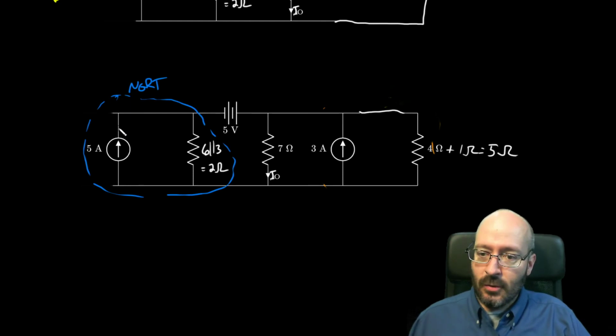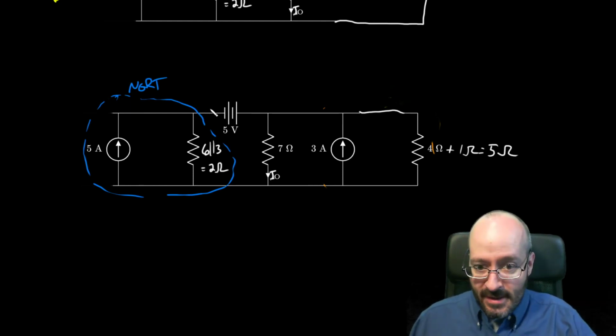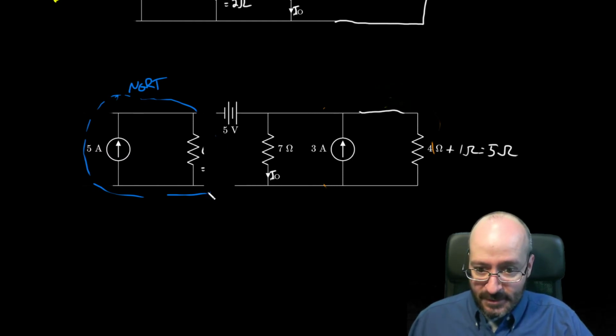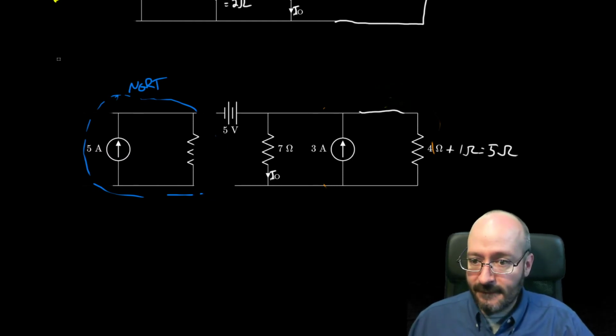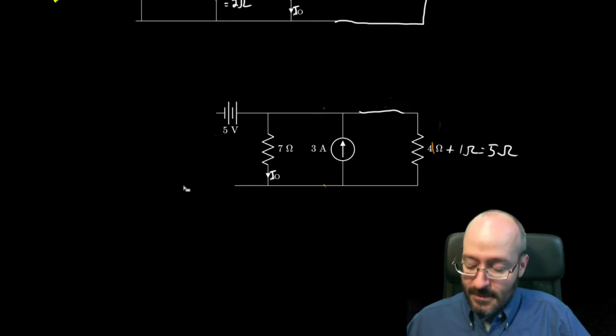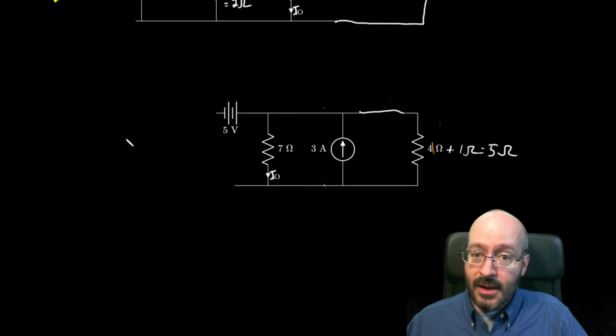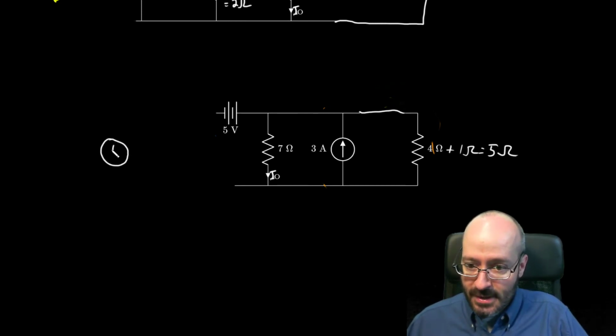But we're going to take this Norton equivalent and we're going to turn it into a Thevenin equivalent. So it's 5 amps and 2 ohms. Let's knock out enough of that there. Okay, and we're going to turn it into a Thevenin equivalent. So let's get a voltage supply with a series resistance.